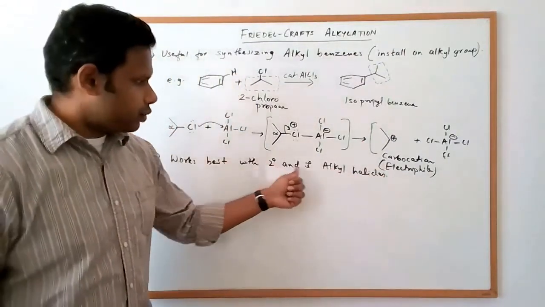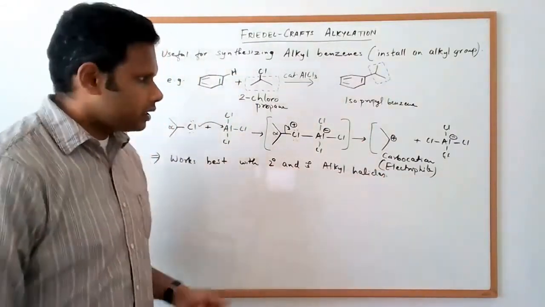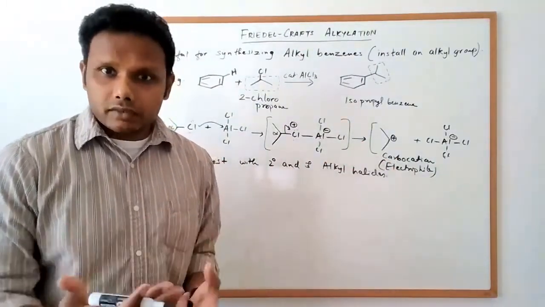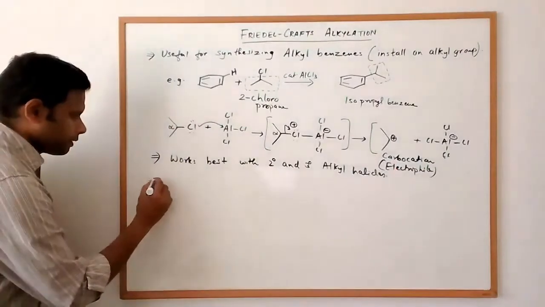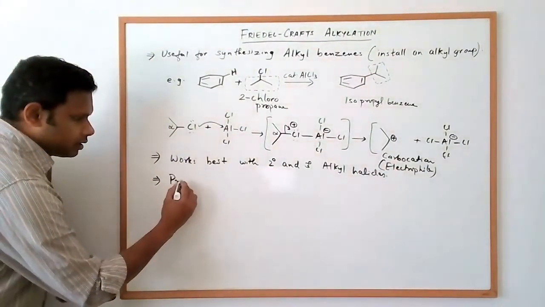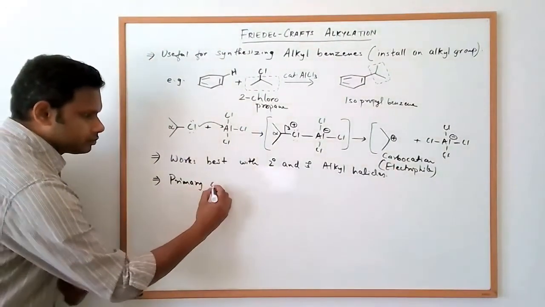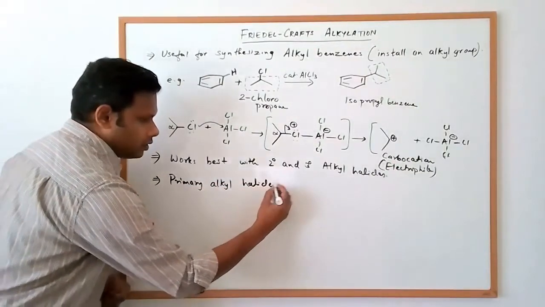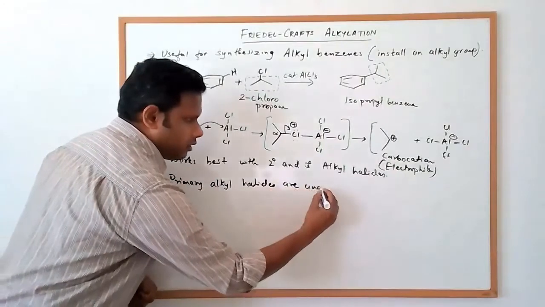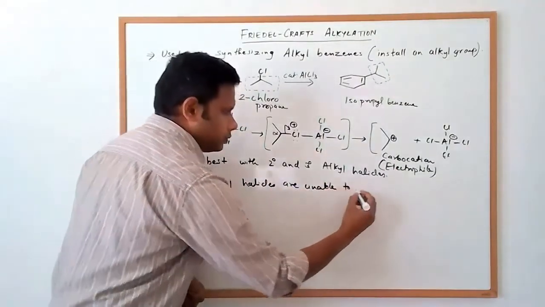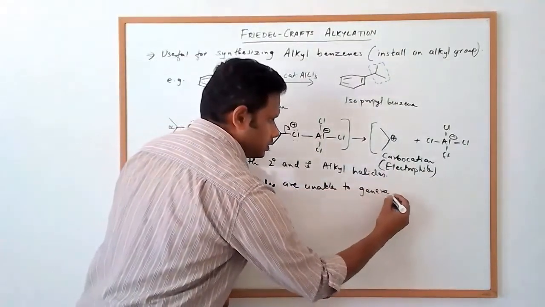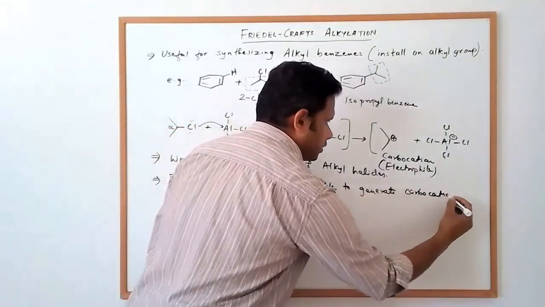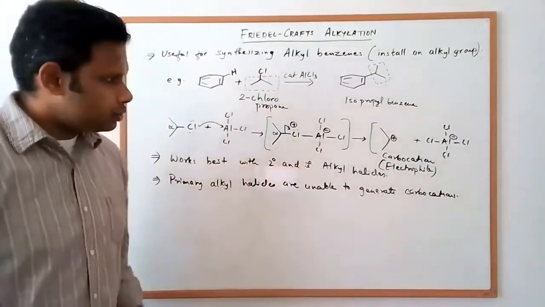That's because both secondary and tertiary alkyl halides can give you relatively stable carbocations. Primary alkyl halides, on the other hand, are unable to generate carbocations. Okay, they're unable to do that.